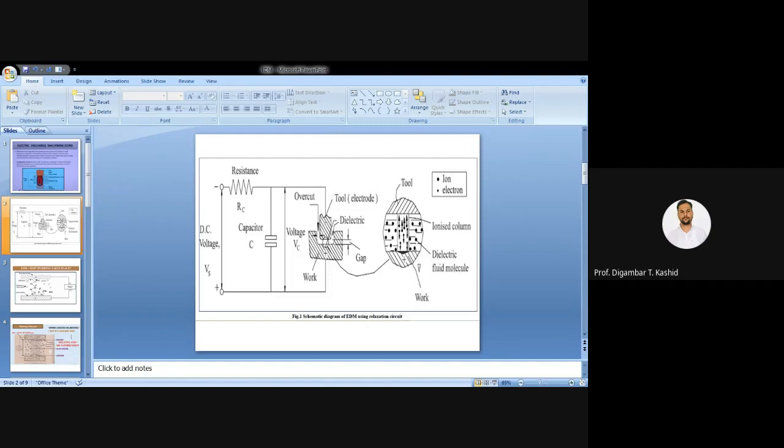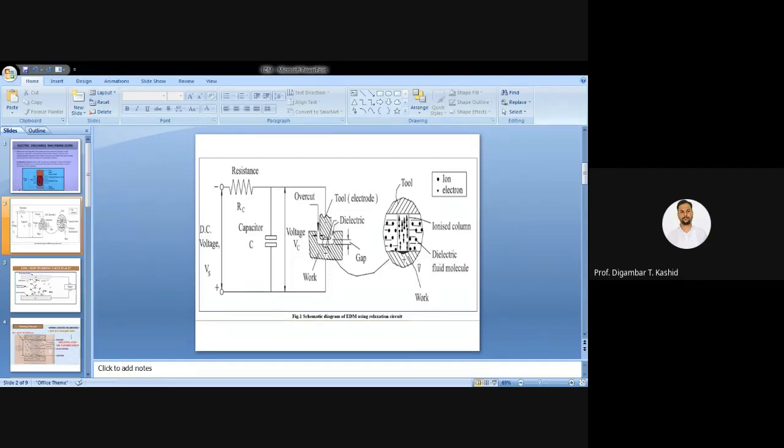When the voltage applied from this RC circuit is more than the breakdown voltage of your dielectric fluid, then a spark occurs. This spark is nothing but this flow of electrons, the hitting of electrons towards the anode and the hitting of ions towards the cathode.